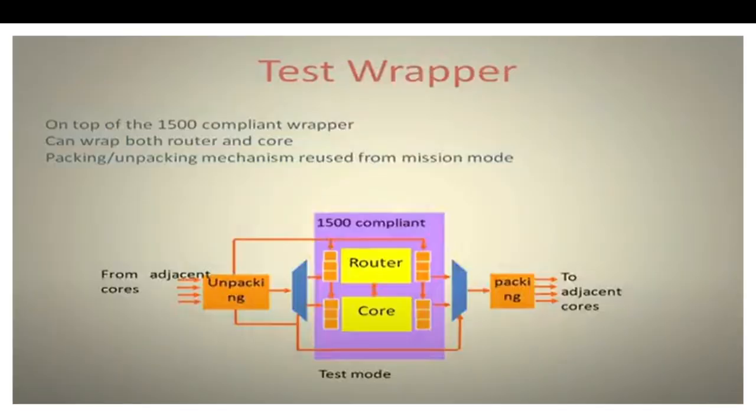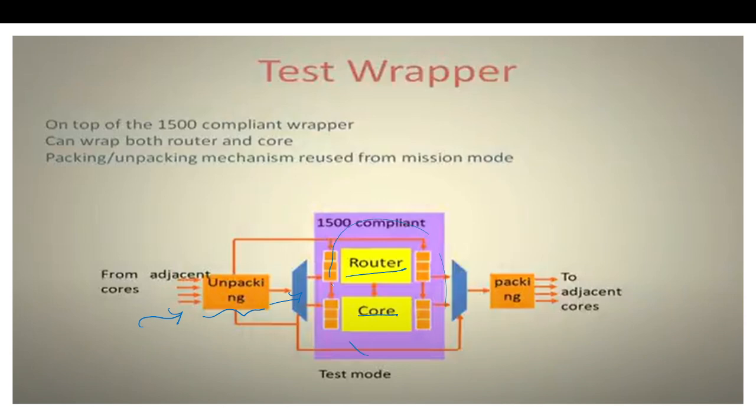Test wrappers on top of the 1500 compliant wrapper can wrap both router and port. The unpacking or packing mechanism is reused from the mission mode. So whatever the test inputs are, they come in packets, which are unpacked and applied for testing of the core as well as the router. Both we have to do.